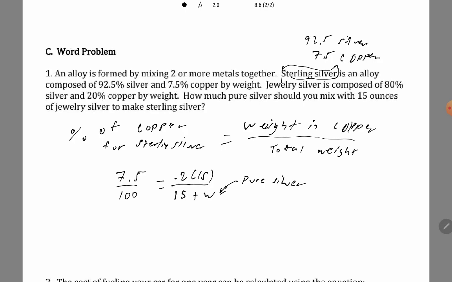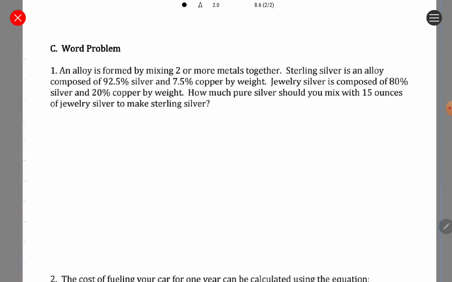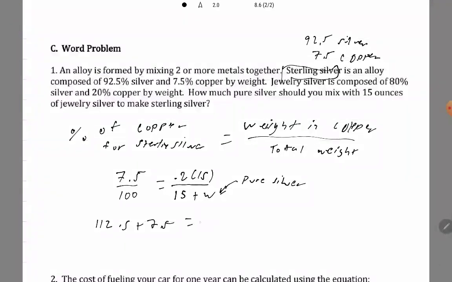So, do some cross multiplication, and I'll get 112.5 plus 7.5 W is equal to 100 times 0.2 times 15.